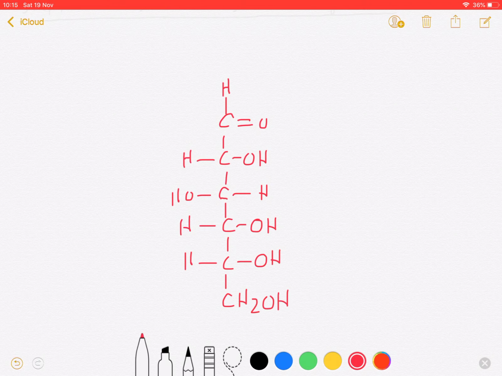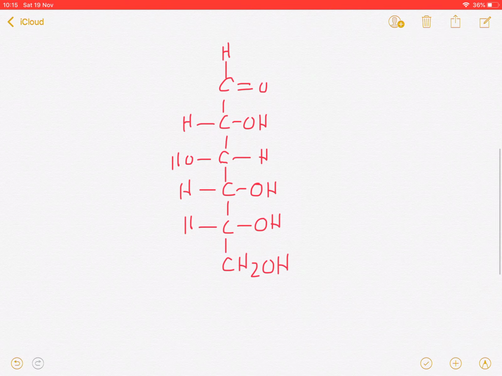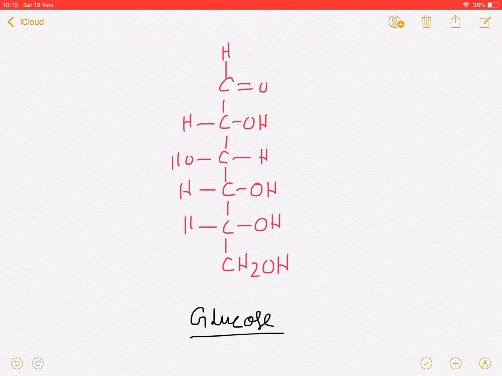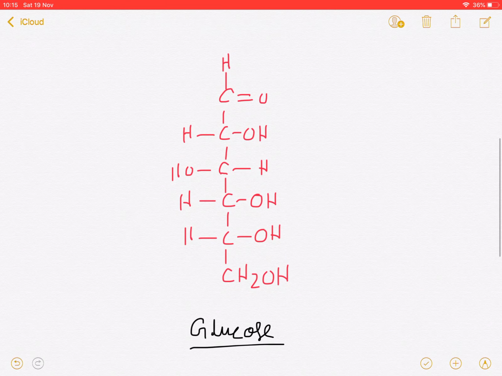So this is the chemical structure of glucose. Let's say I'm going to write down glucose. Okay. So this structure is thermodynamically unstable. So what happens is that it becomes thermodynamically stable and it interconverts into the cyclic form.